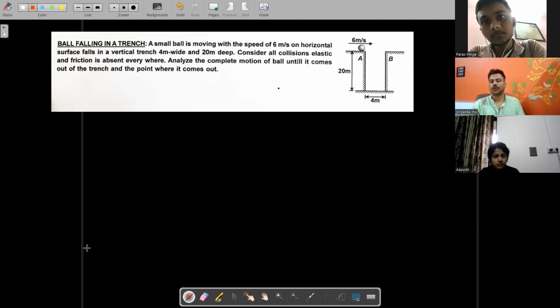Are you guys getting how to do this? Sir, we'll find range again, but how will we find range if the angle is... Let me tell you.